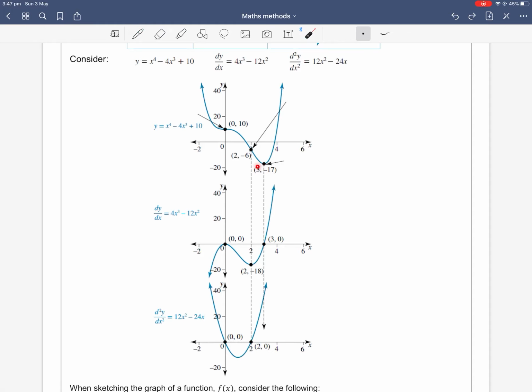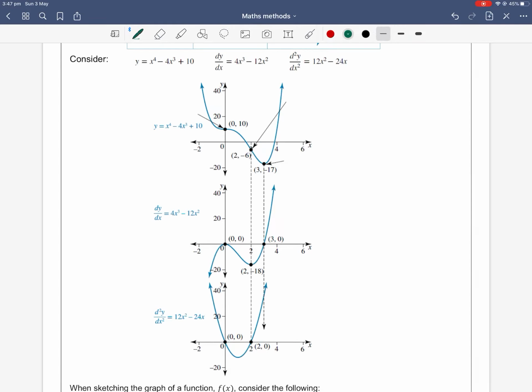So originally, it's a quartic that looks like this. There are 3 key features. You have here a stationary point of inflection. It's a point of inflection because it changes the shape from concave up to concave down. And it's a stationary point because at this point, the gradient is 0. So let's rub that off.